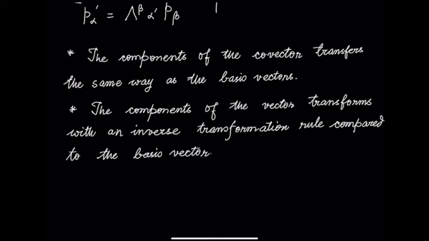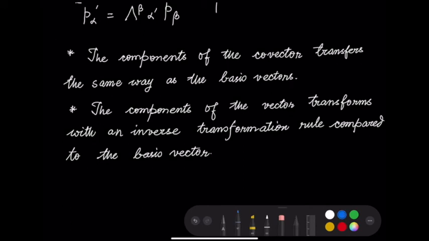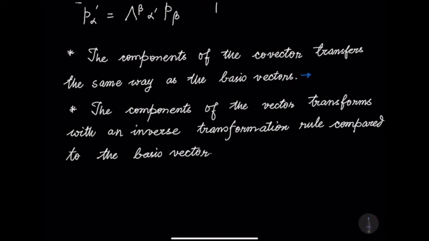Now, because of this, these used to be called covariant, and they used to be called vectors also, or covariant components. So let's say components. Co means same. So the same is emphasized by the co here. And in this case, because they are inverse, they're called contravariant. Contra means opposite.